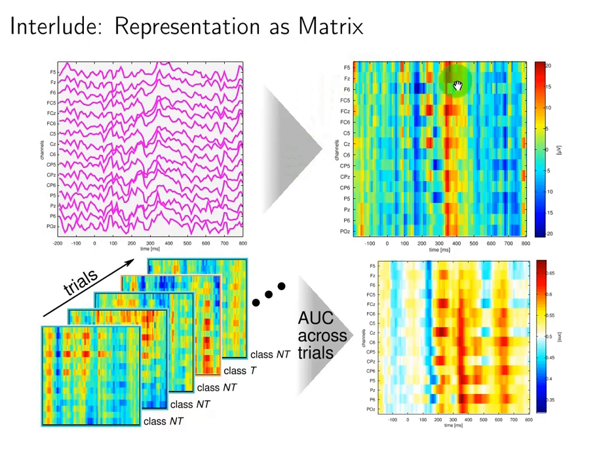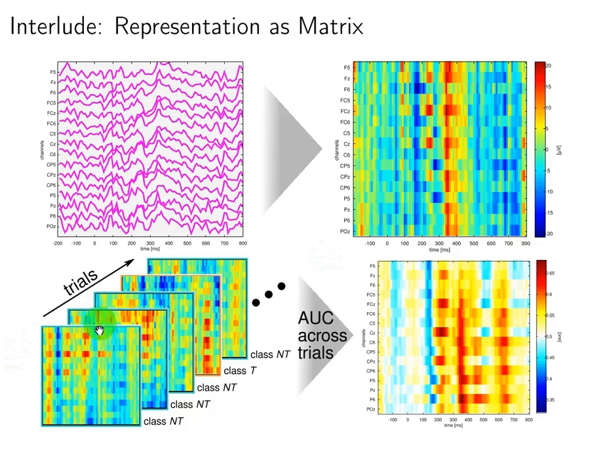We can represent them as color-coded amplitude values. So we see something visually: some red, increased values around 300 and 400 milliseconds that correspond to target. If we also visualize non-target in this form, usually we don't see this kind of increase in amplitude.